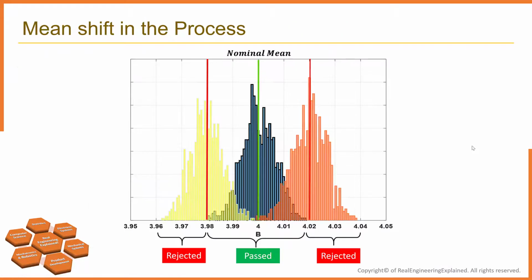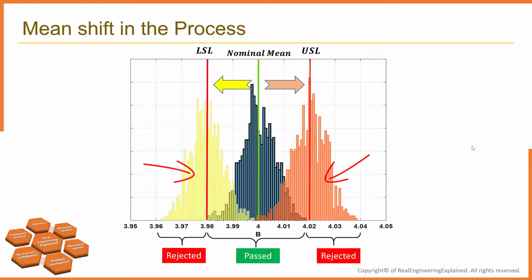Now assume the process mean is shifted to the right or to the left for whatever reason. As we can see, as a result, we will have more data points beyond the USL when the mean is shifted to the right and more points below the LSL when the mean is shifted to the left.